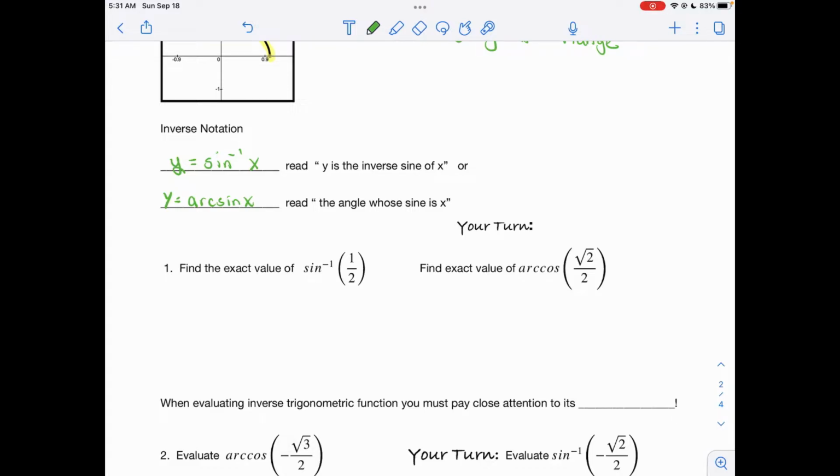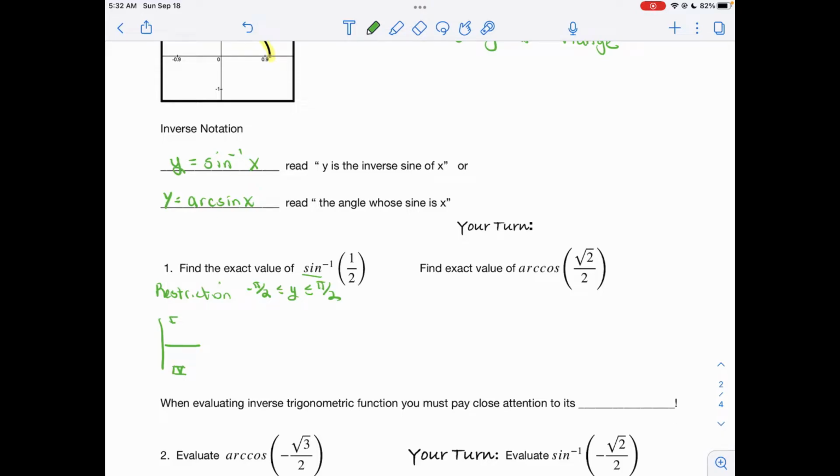Okay, so in our first example today, we're going to find the exact value of the angle y equals the inverse sine of 1/2. The first thing you always want to think about on these inverse trig functions is your restrictions. Remember that the inverse sine is restricted from negative pi over 2 to pi over 2. So all my answers have to fall in quadrants 1 and 4, listing angle measurements as negatives, not positives.